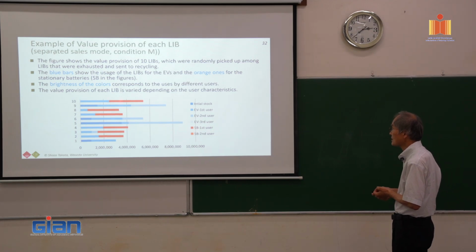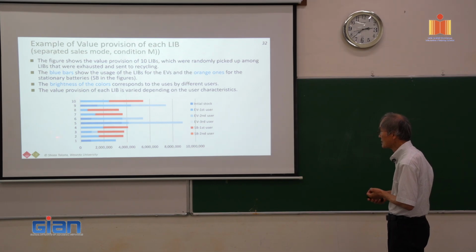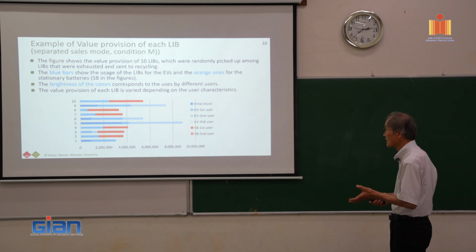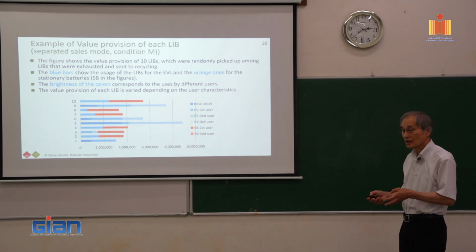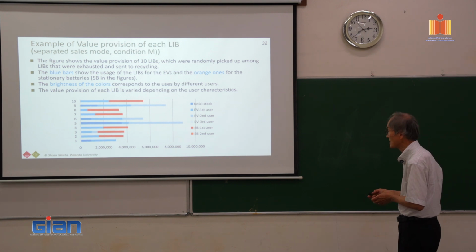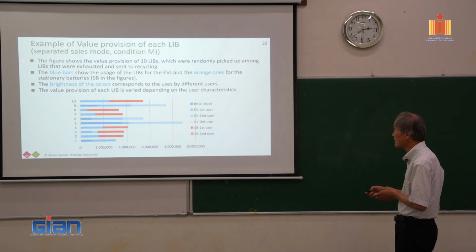So this means depending on the product, how they are used are quite different from each other. So that means the value provision of each rib is varied depending on the user characteristics.